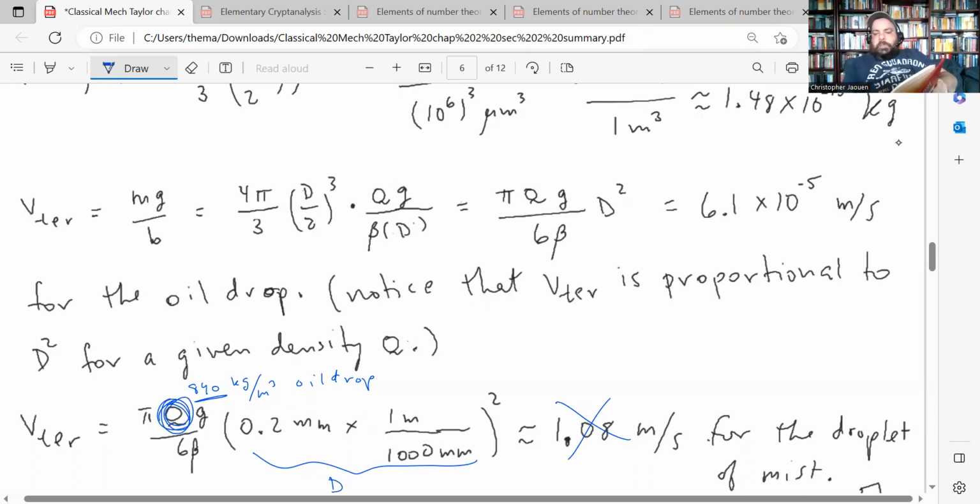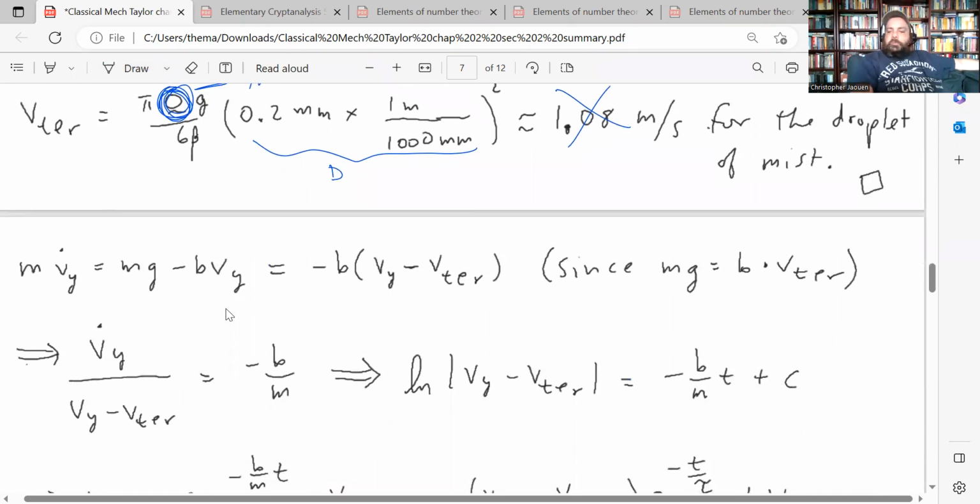Okay, so actually this should be 1.3 meters per second if you use the correct value for Q, which, like I said, I didn't do here. So I'll give you the correct value for Q in the description bar below after I make the video, because I'll have to look it up. I don't know what it is off the top of my head. Okay, but anyway, that's how you would do the calculation.